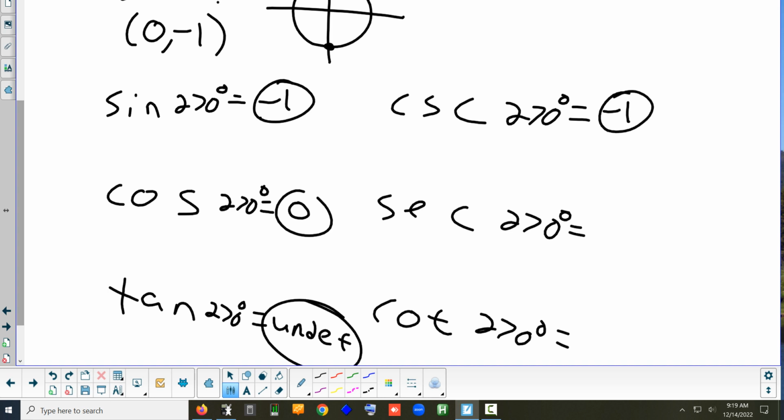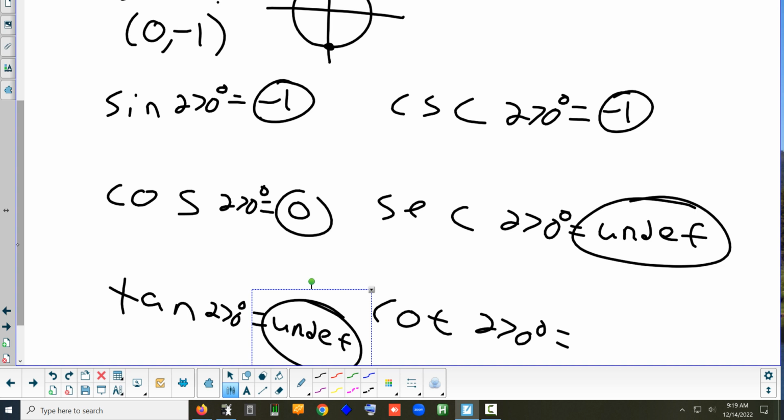When you flip -1 or +1, it stays the same. Those are the only 2 that don't change. How about when we flip 0? That's undefined because 0 ends up in the bottom. And what about if we flip undefined? You're going to get 0 because now it's in the top.